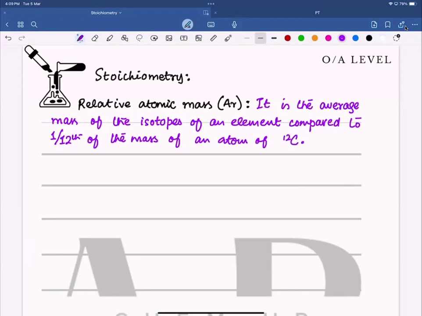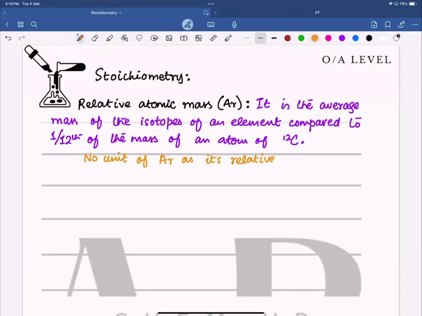Since it's relative, it has no unit. No unit of relative atomic mass, as it's relative. And why we choose carbon? That every element is related to carbon.